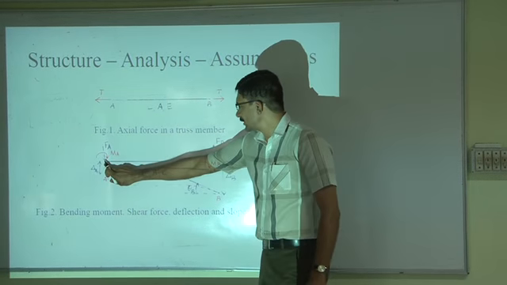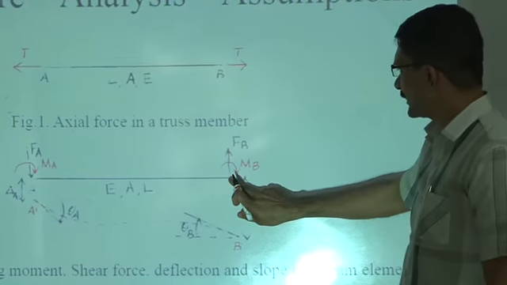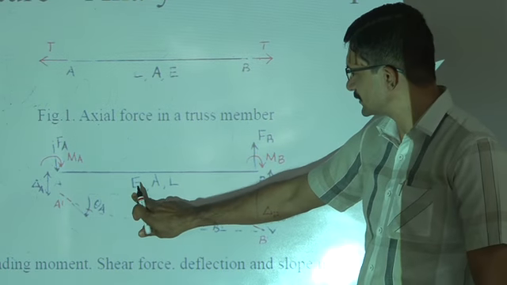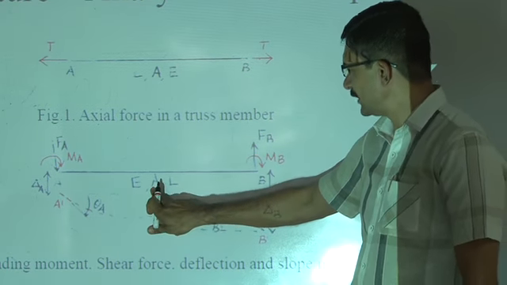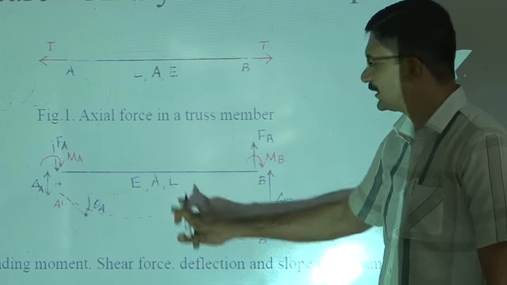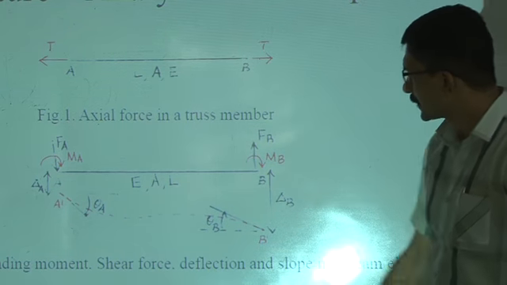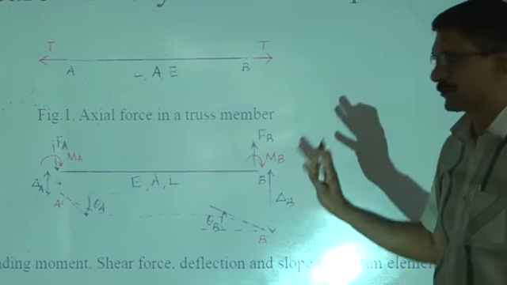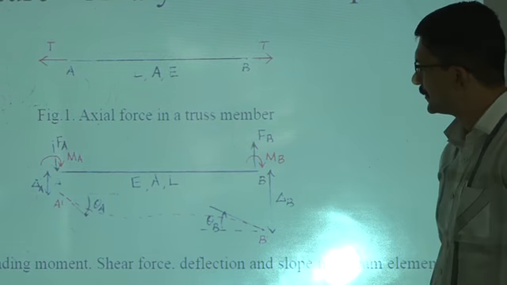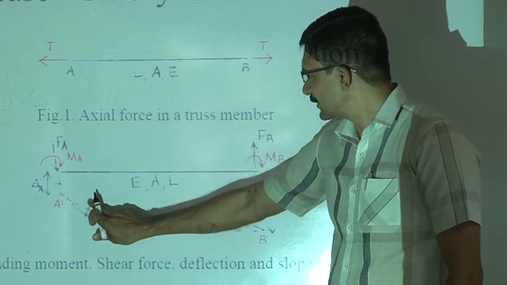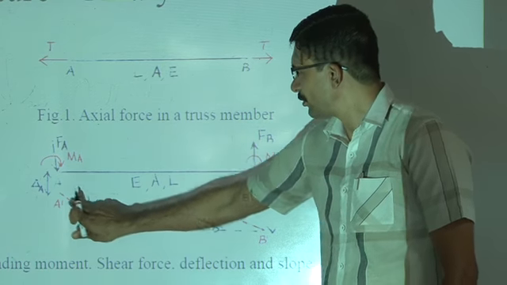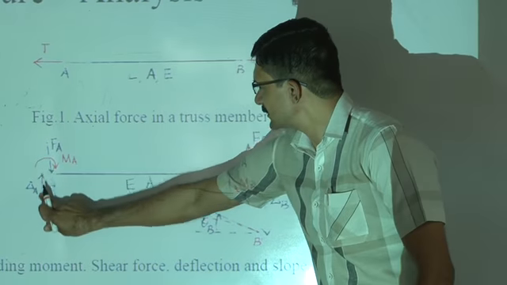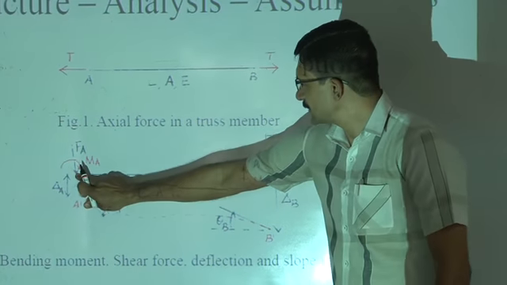This represents the longitudinal centroidal axis of a beam which has material property Young's modulus E, geometric property cross-sectional area A, and length capital L. What is shown here is a possible deflected shape of the structure, and this is the rotation or slope of this end of the beam. This much is the deflection at this end of the beam.